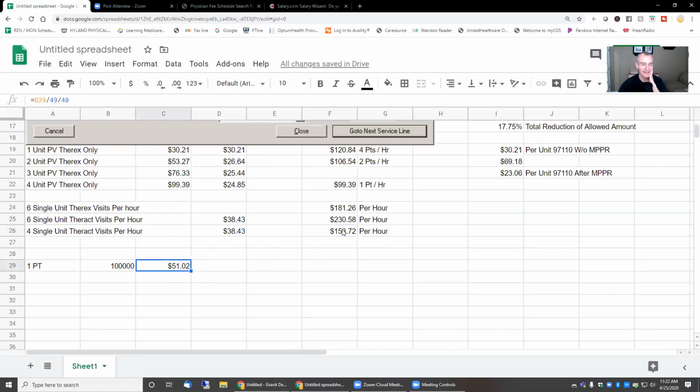Okay, so what does that mean exactly? We're looking at 4 single unit therapeutic activity sessions. That's 4 sessions, 15-minute sessions. Does that mean that your patient has to stay in the clinic for 15 minutes? No, heck no, absolutely not. Let's take a typical Medicare beneficiary and let's look at what might be done in an hour's worth of time.